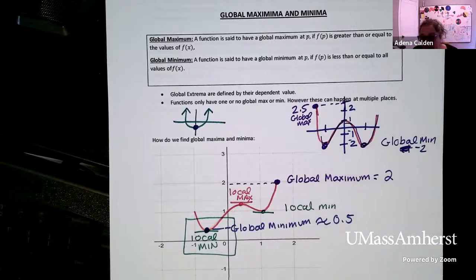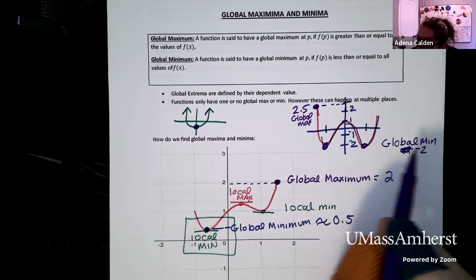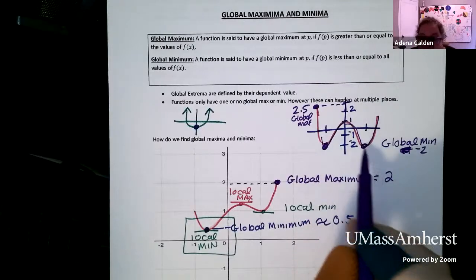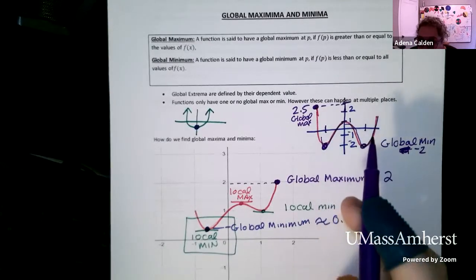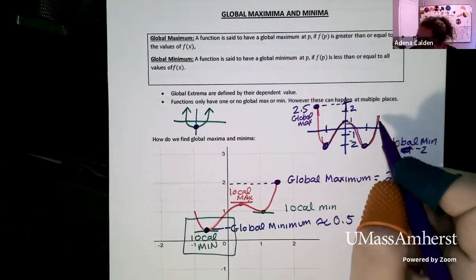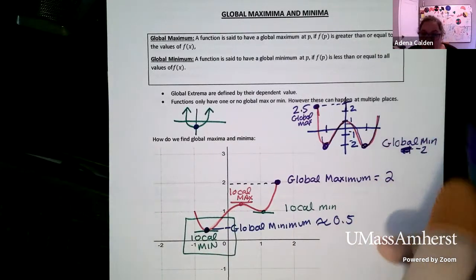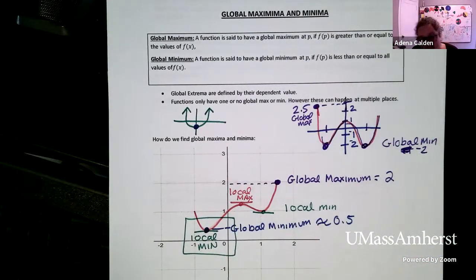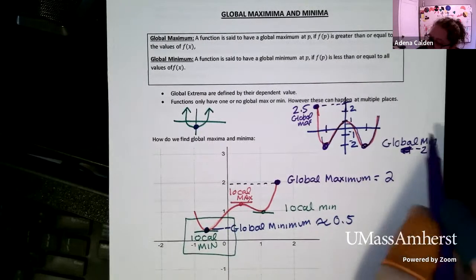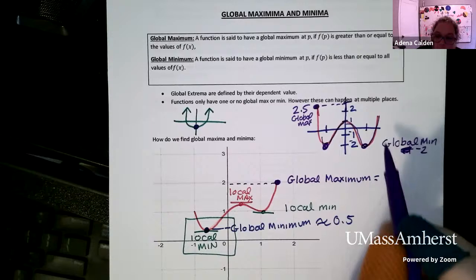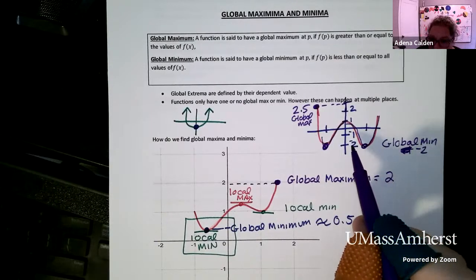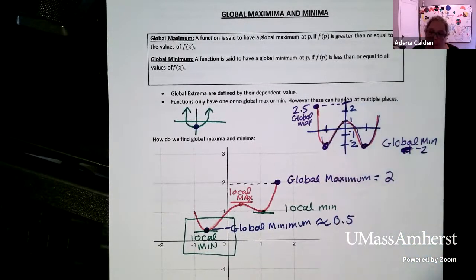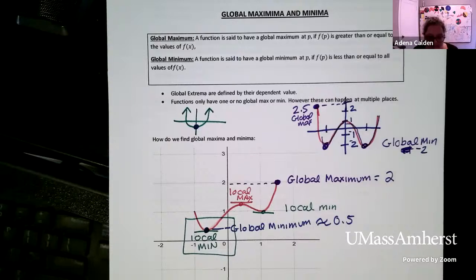So it can happen at multiple places, but there's only one minimum because we define that by the y value. We could have a function that kept hitting that same global minimum again and again at -2, and that's fine because there's only one global minimum value. It's -2, but it happens at multiple places. So that's what that means.